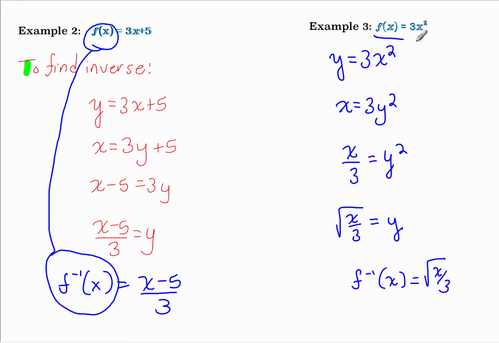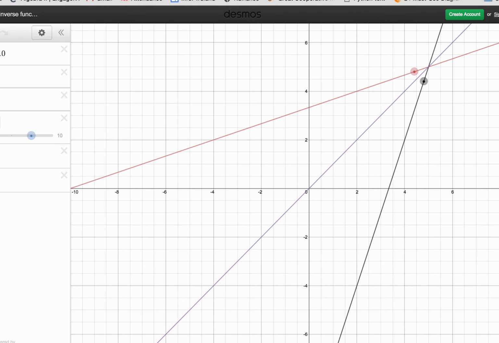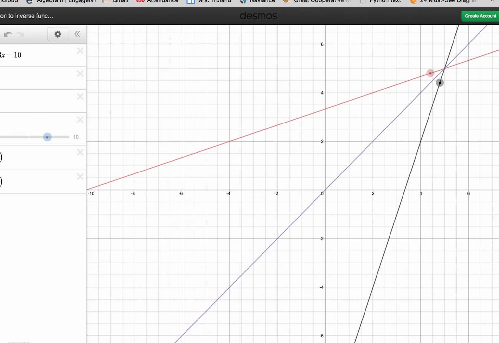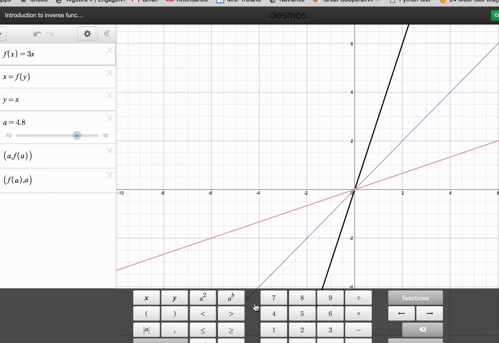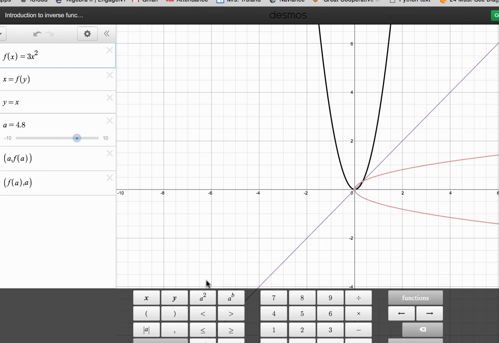Notice we started off with a function. 3x squared is a parabola that looks like this. If I come over to my little Desmos and I type in 3x squared, that's what I get.